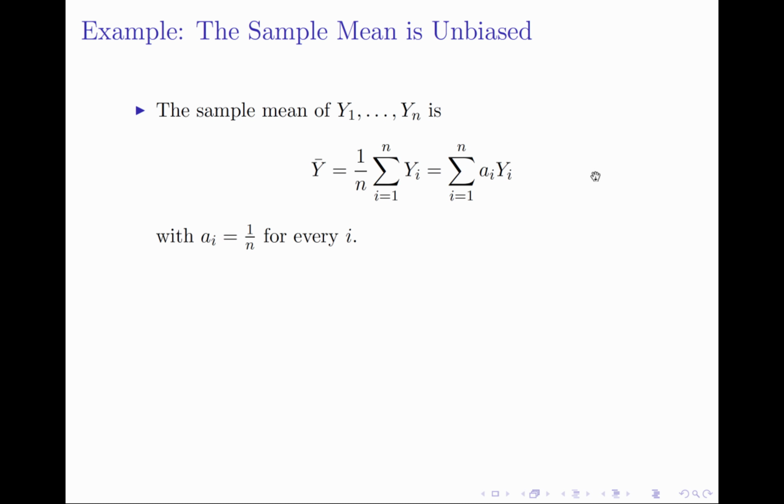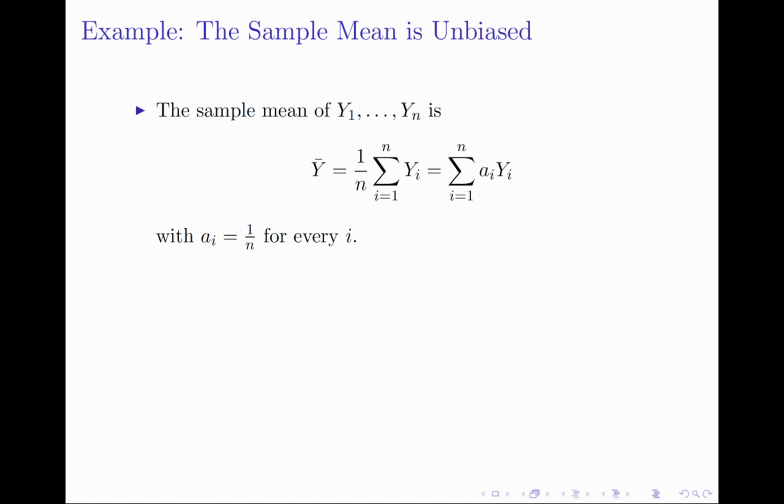Now that has an easy, immediate application in showing you a result that you've seen before. You know this, but just to remind you of how you show that the sample mean is an unbiased estimator of the population mean. A sample mean, as we've just seen, looks like this: Y bar is 1 over n times the sum of the yi's that you've observed.